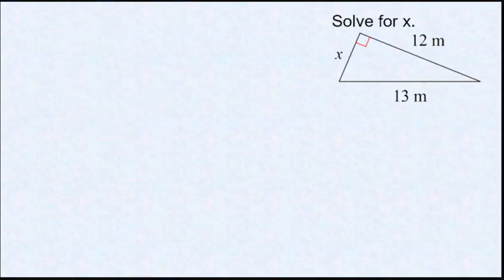Be careful as the orientation of the triangle changes. I always recommend labeling C first, then A and B. And now I'm going to plug in to the Pythagorean theorem.